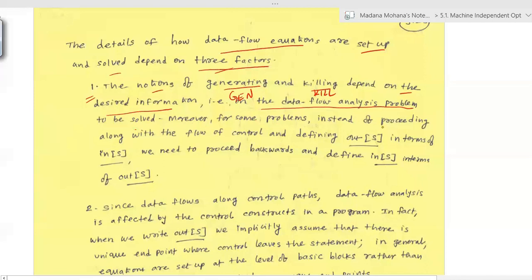Moreover, for some problems, instead of proceeding along the flow of control and defining out of S in terms of in of S, we need to proceed backwards and define in of S in terms of out of S for initial values. For the initial value, in depends on the out value. Then at the next level, directly using the previous out value, you can calculate in as well as out, based on the dependency. So this is the first factor.